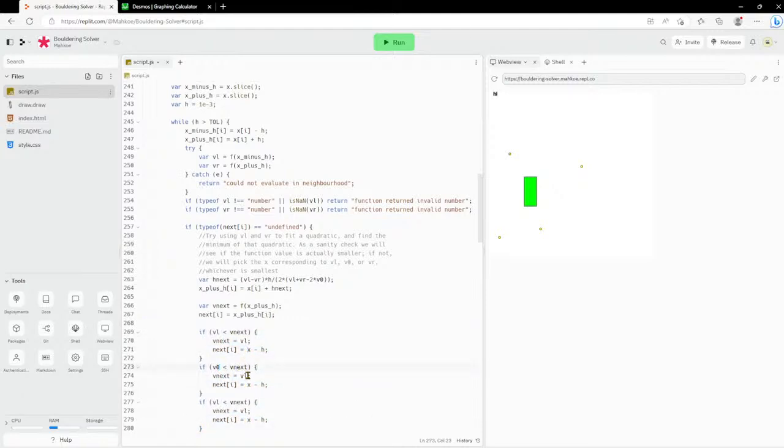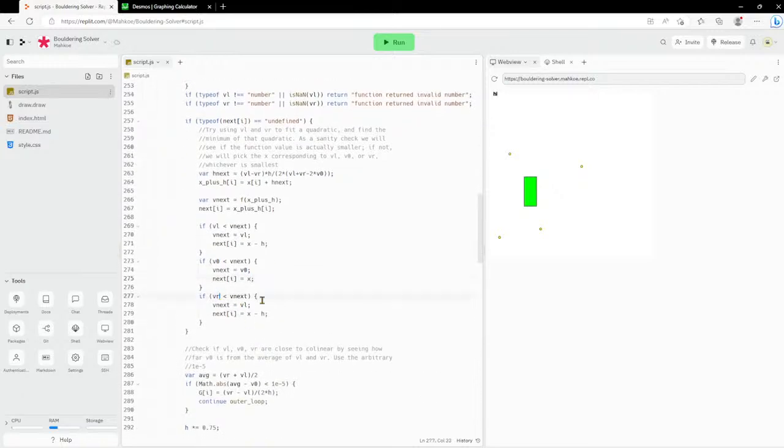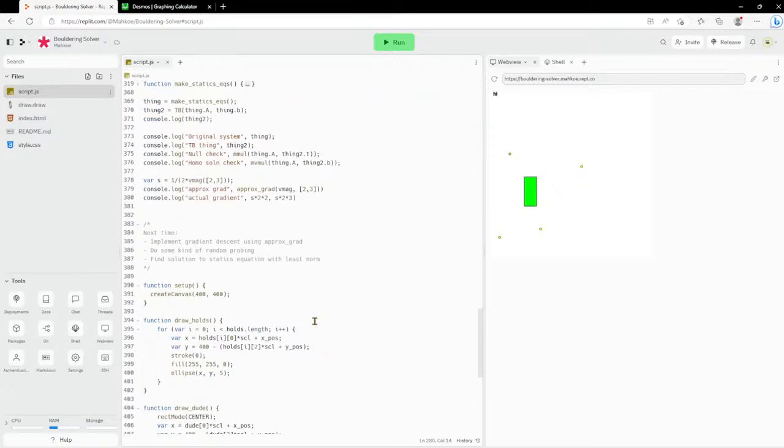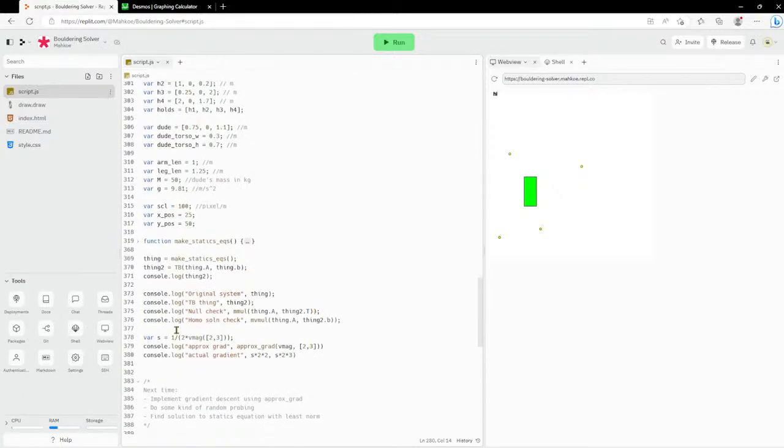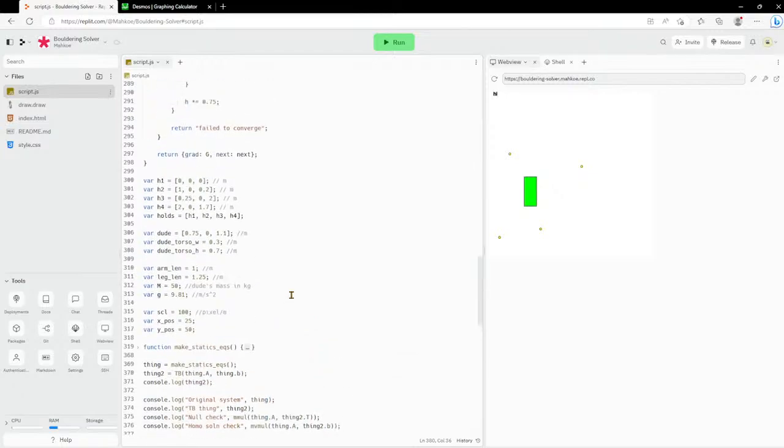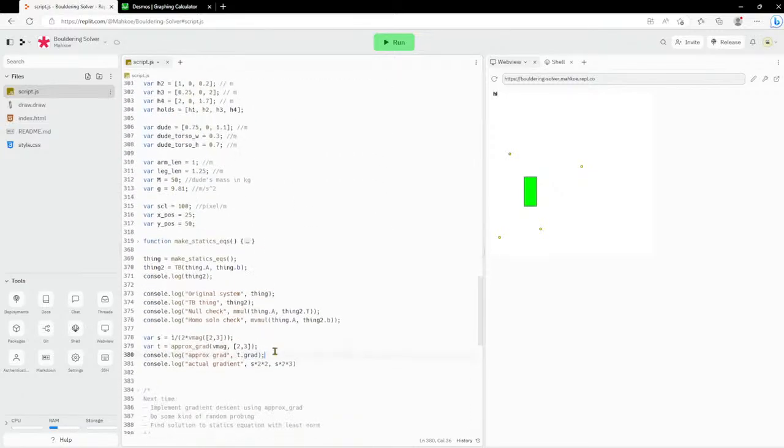If V0, X plus H. Is that what I called it? Yeah.